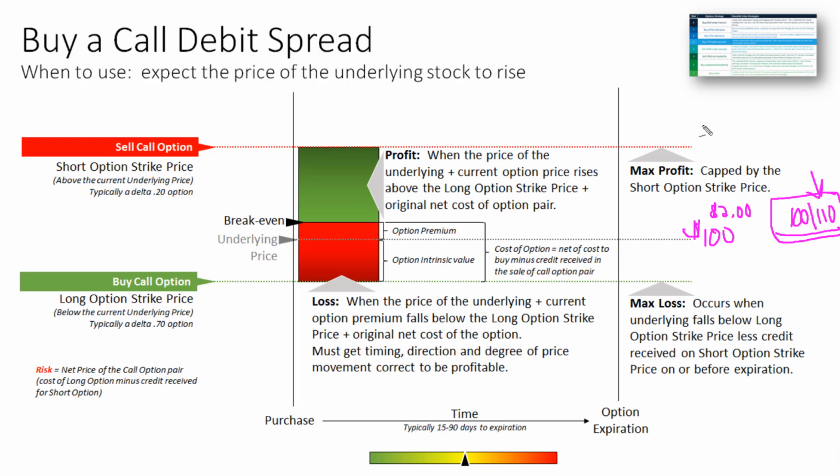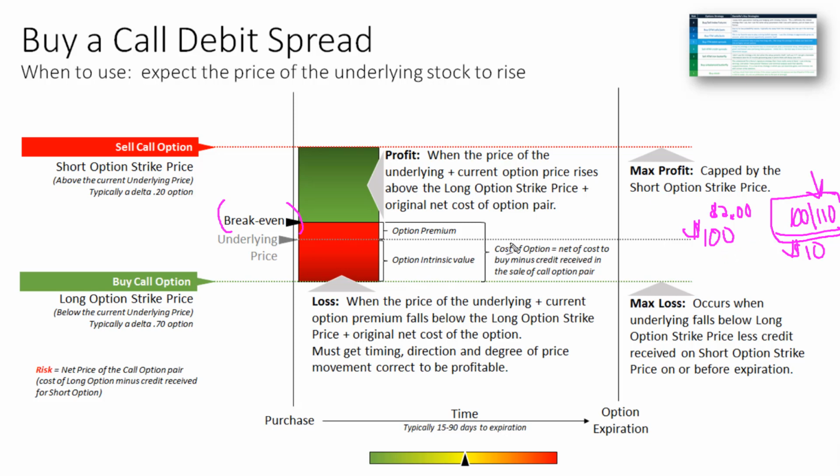So if there's some explosive move or anything like that, your gains are capped at 110. It doesn't matter if it goes to 130. You're only ever going to make the spread, which is $10. But you got a deal because a long Delta 70 call was $5, so you saved yourself some money. What it means when you get to break even price is that your spread is worth at least $2.